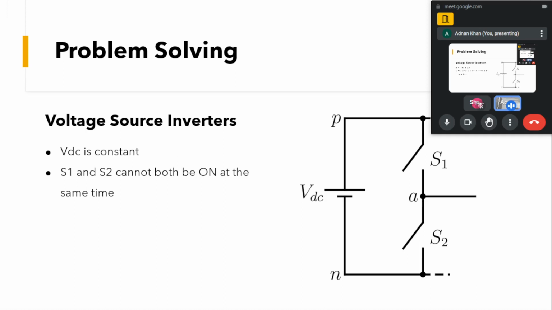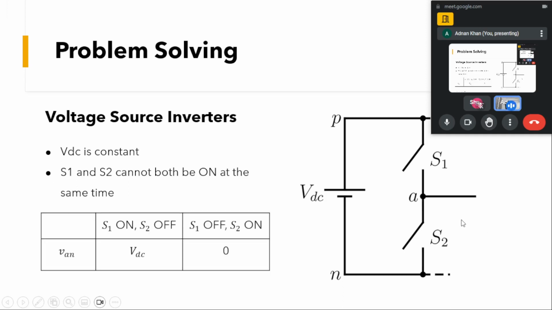So these switches S1 and S2 are turned on in a complementary fashion. When S1 is turned on, we get VDC at the output, and when S2 is turned on, A and N will be at the same potential, so at the output we get zero voltage.